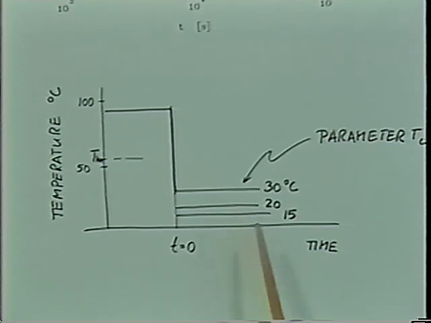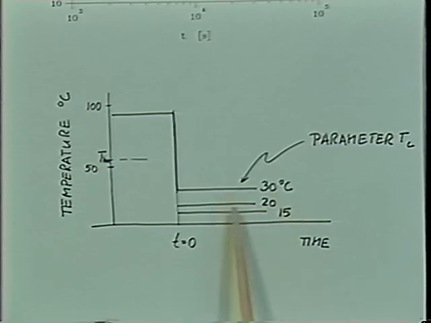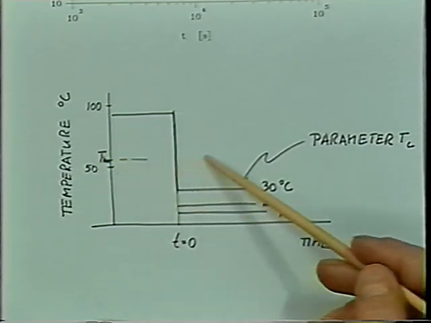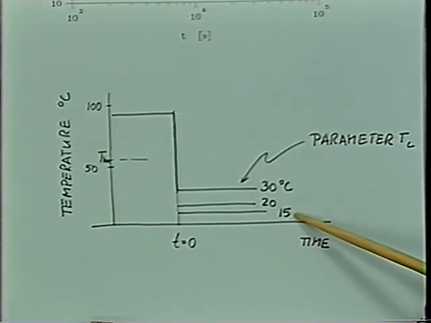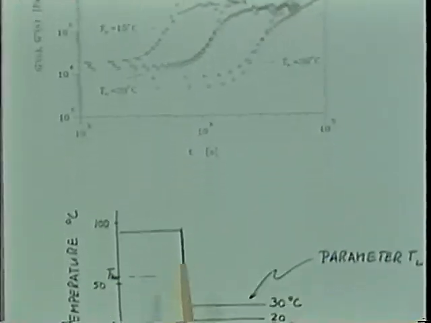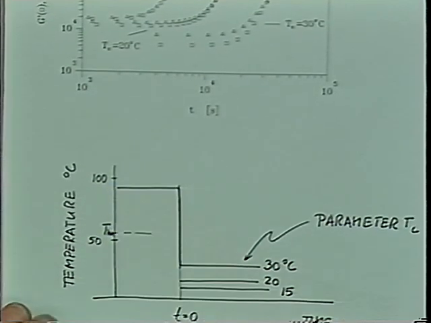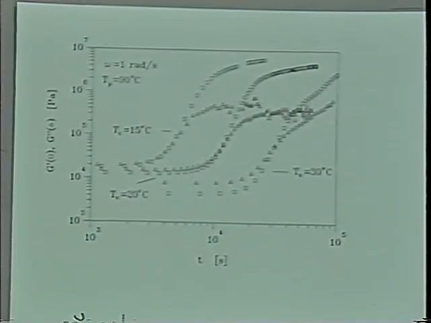Walter changed the degree of supercooling by crystallizing the sample at different temperatures. 30 degrees, the highest temperature, is closest to the melting temperature of the system, so it will crystallize most slowly, and 20 and 15 degrees will give a faster crystallization. The preheating temperature was high enough. We picked a high temperature much beyond TM, so there was no effect of the thermal history. Everything was melted out.